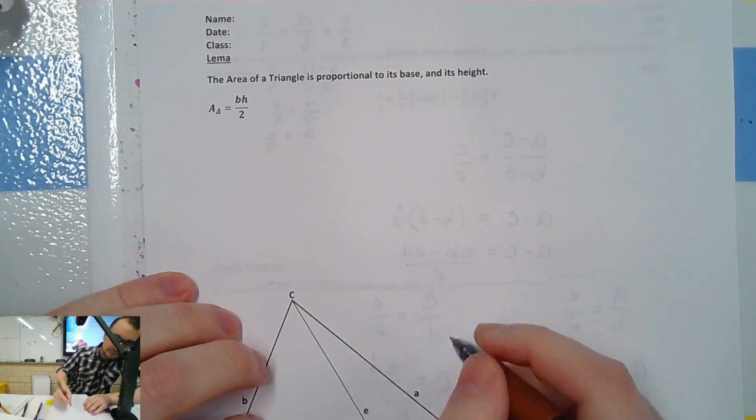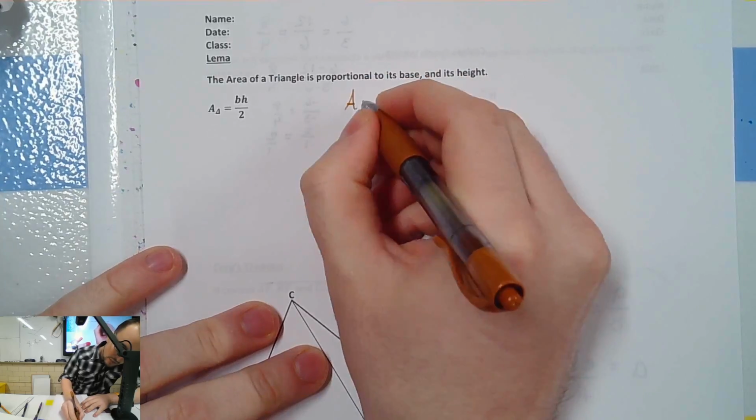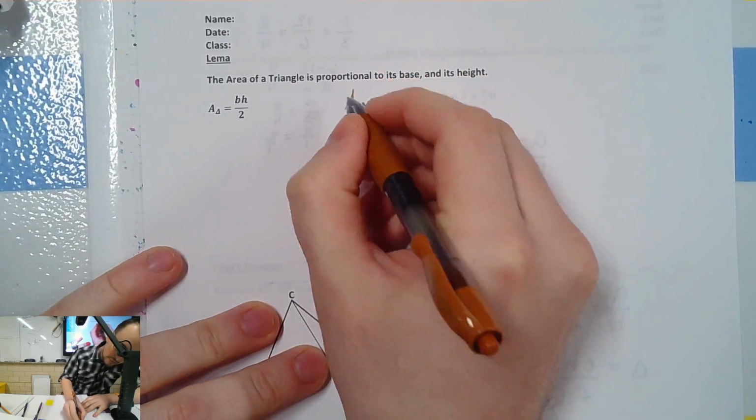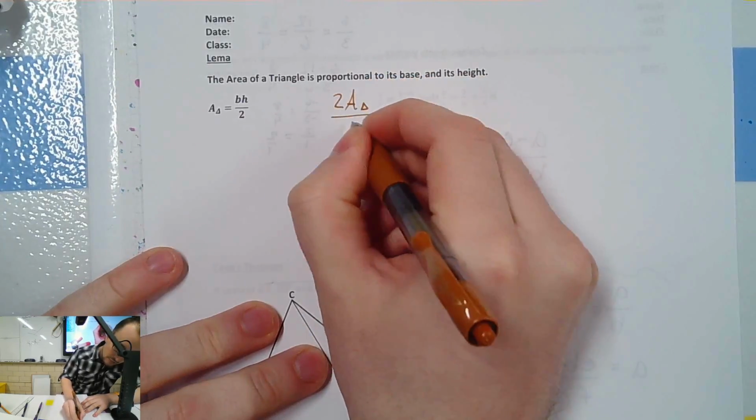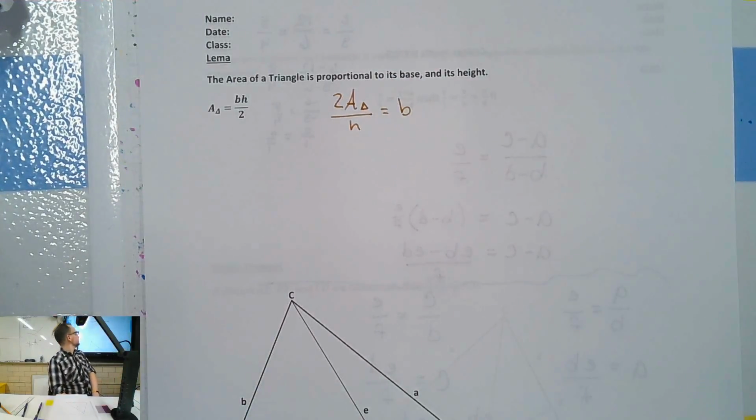Another way to write that is to say that the area of a triangle times 2 divided by its height equals its base. How'd I get that? That's bizarre looking.